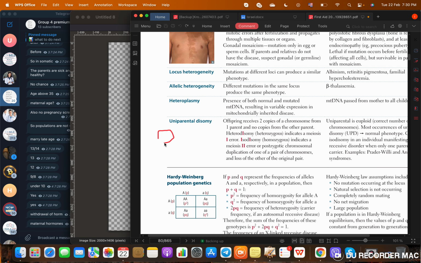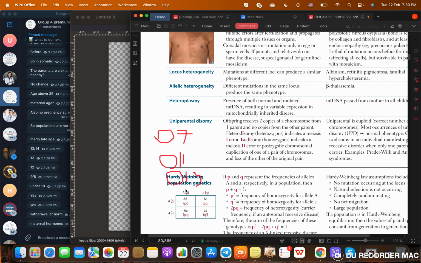In locus heterogeneity, if you have multiple genes that are located at different places, let's say this is located at chromosome 7, this is located at chromosome 11, this is located at chromosome 15. Of course, this is all from my brain. I don't know which chromosome has what. I don't know all of the genes. But do we, as human beings, know all of the genes in our body?